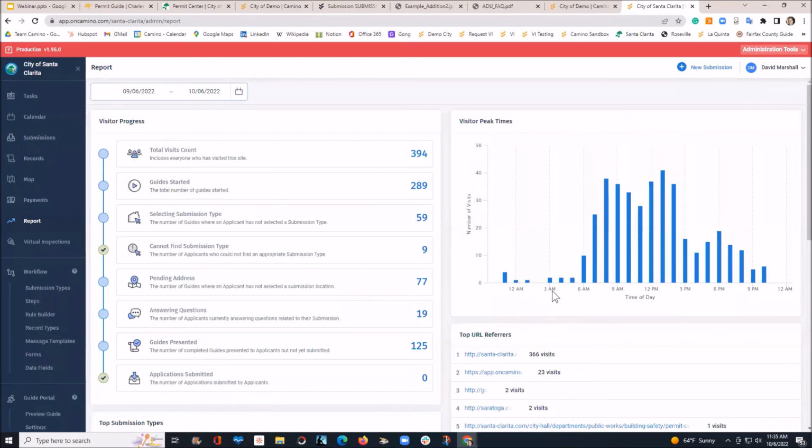My goodness, there are some people coming in at 3 o'clock in the morning, but certainly 6 o'clock in the morning, and even after 6 at night, getting their own questions answered. In McKinney, Texas, as an example, they have Energov as their permit system and are using our guide. They have found 30% of their guide usage is after hours.